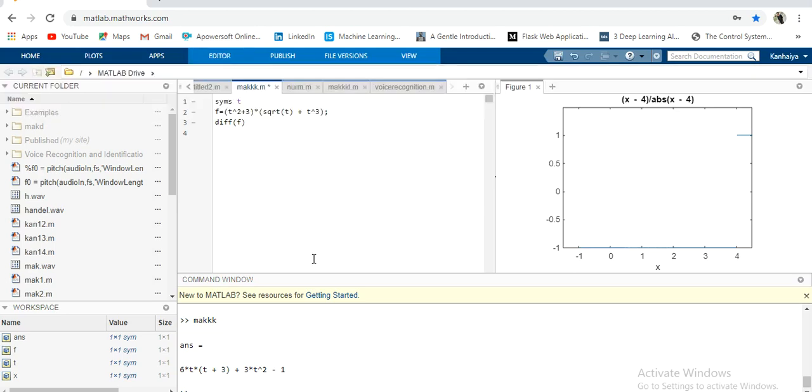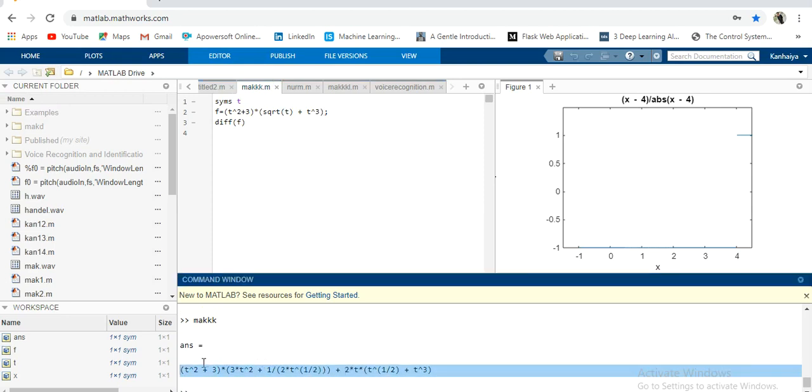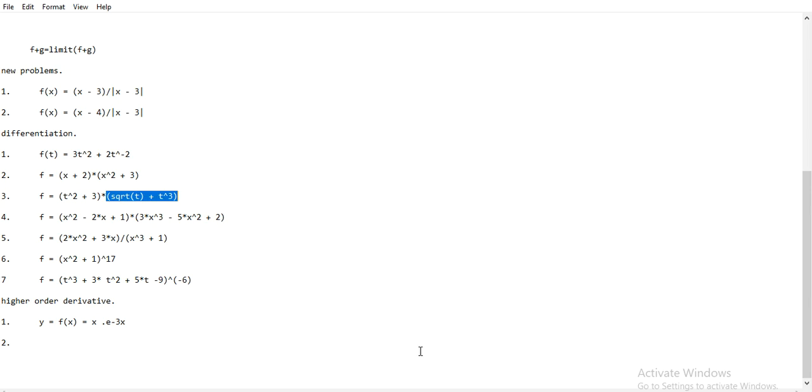You can now differentiate it. Okay, this is the solution given by Matlab. We don't have to worry about what properties will be there, if it is a square t or a power of anything. Matlab will solve it for us. Very simple, one line. We only have to give the equation, then Matlab will solve for us.